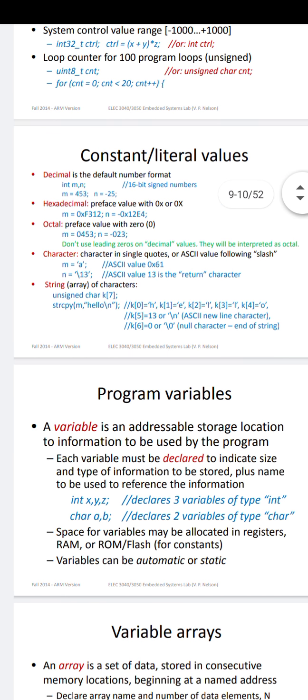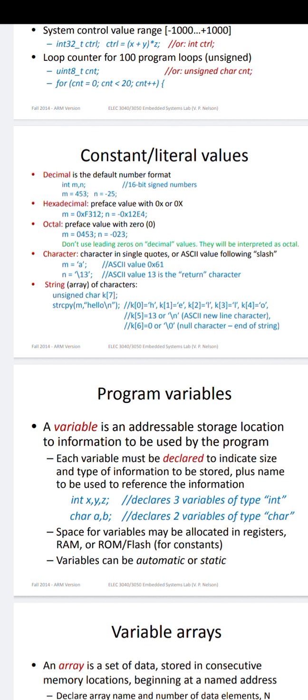Then the next one is program variables. Program variables are addressable storage locations for information used in programs. They must be declared with the size and type of information that can be stored. For example, int x, y, z declares three variables of type integer, and char b declares a variable of type character.